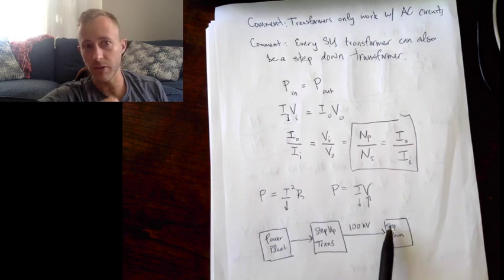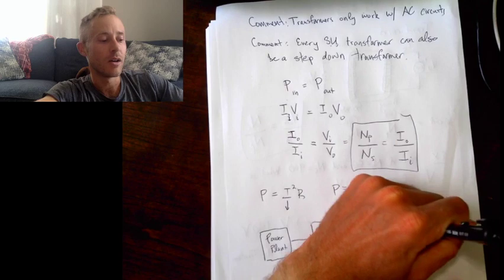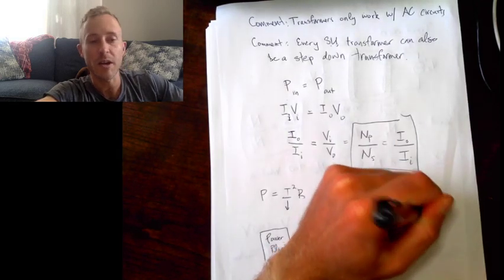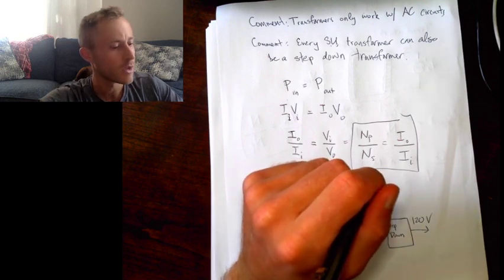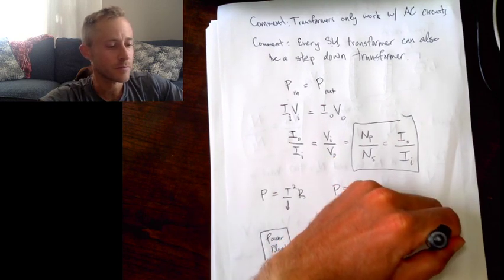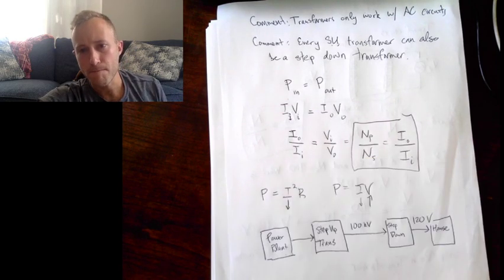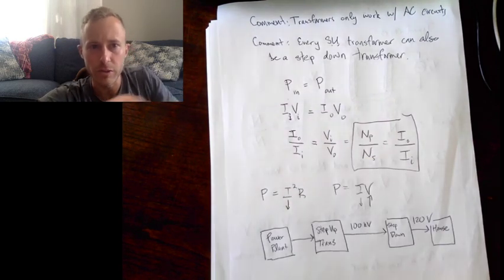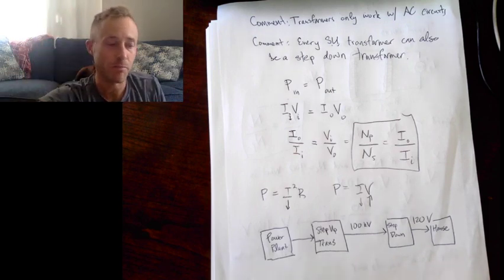But eventually there's going to be a step-down transformer that steps down the voltage to 120 volts RMS, which is when it's going to go directly into your house. Okay. So you use transformers to adjust the voltage so that you can transmit power efficiently.